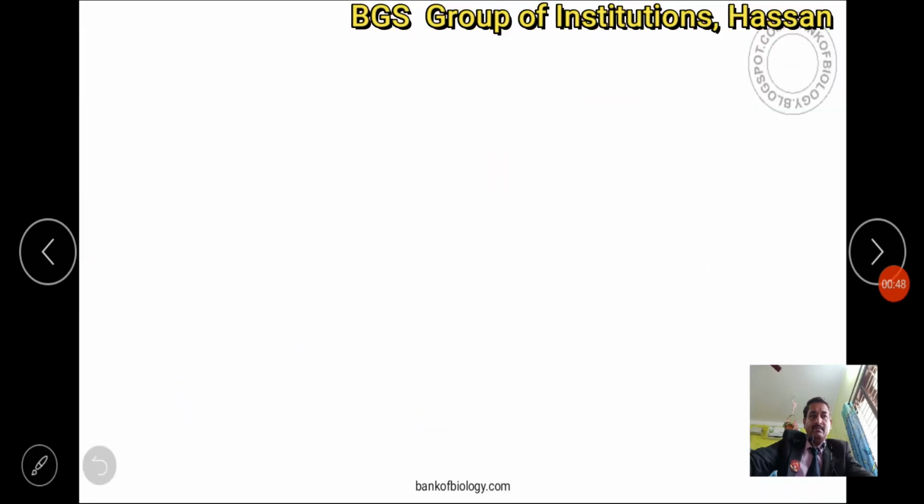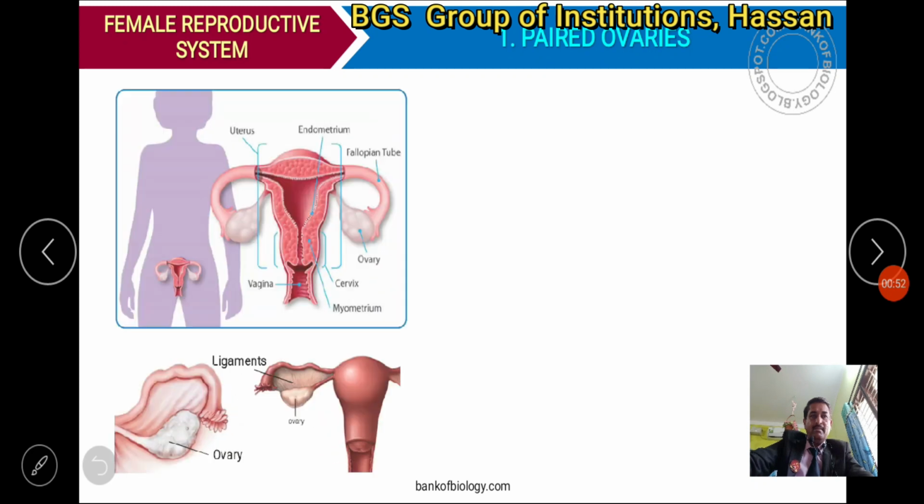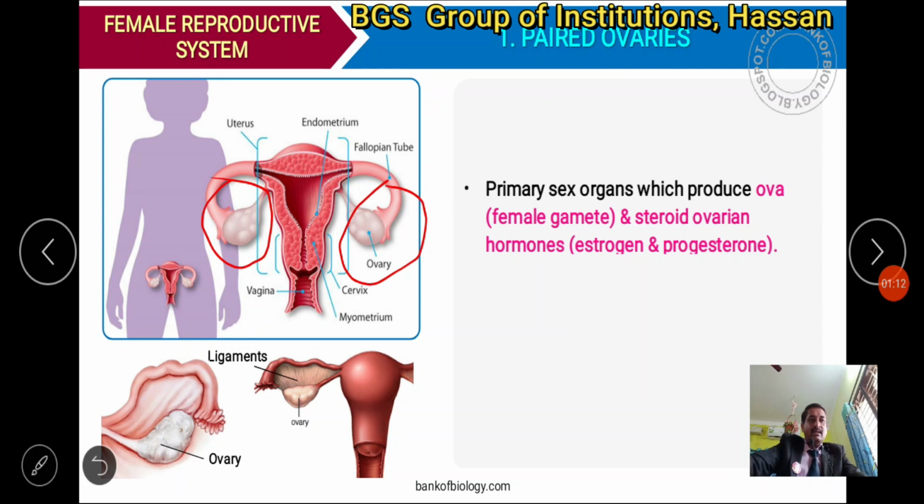The first one, paired ovaries. Where can we see the paired ovaries? We can see them here, on either side. This one and this one. These are the two ovaries. Ovaries are the primary sex organ in females.